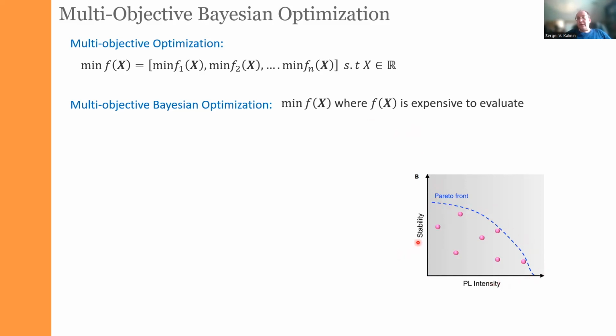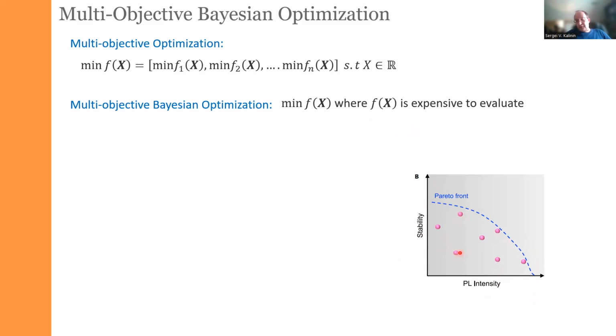Imagine that we are making materials for, let's say, quantum dot emitters. There are 2 parameters that we care about. One is stability, another is intensity. Imagine that these dots are real-world examples of the measurements.